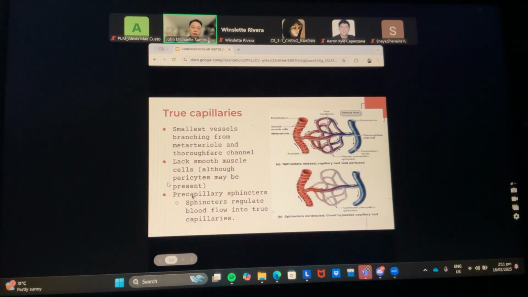Later. So the significance of your sphincters is that they regulate blood flow into the true capillaries. So kapag nag-relax yung mga sphincters na yan, instead na yung blood mo mag-flow to the thoroughfare channel, dadaan sila ngayon sa true capillaries.